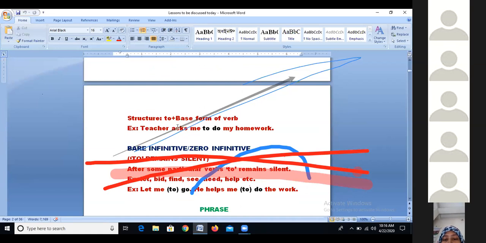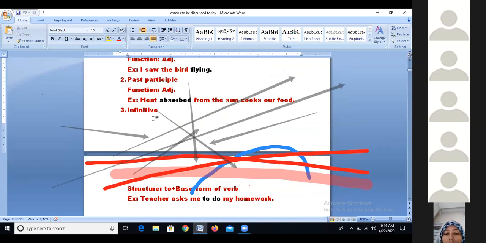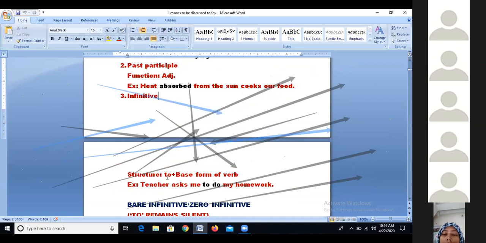Now come to the third form of non-finite verb, infinitive. What is infinitive? Infinitive is a form of non-finite verb, and its structure is to plus base form of verb.